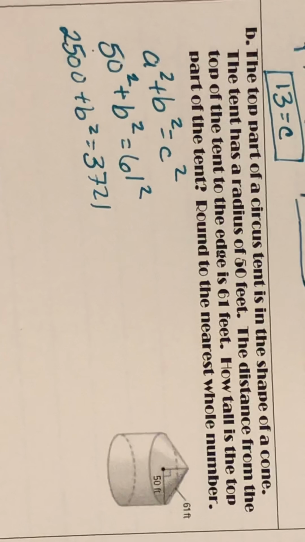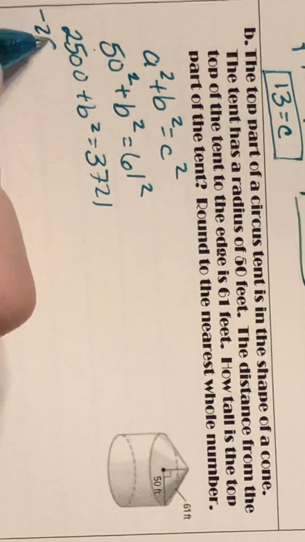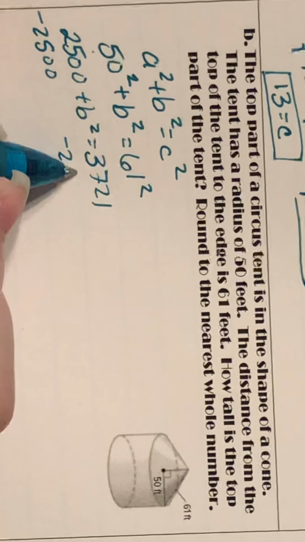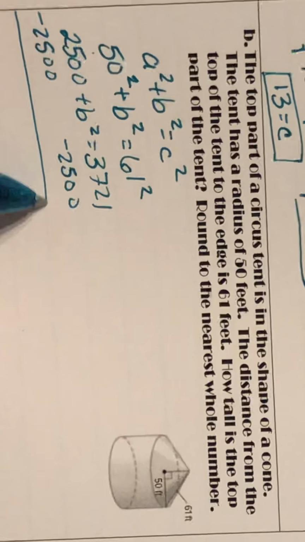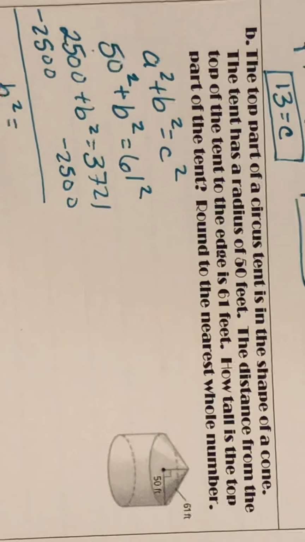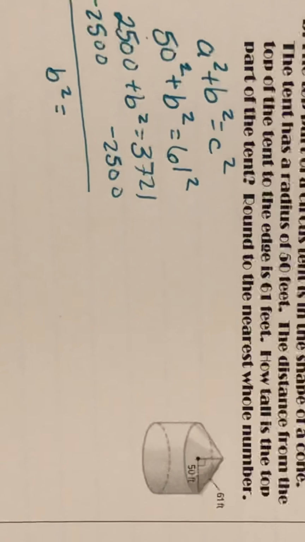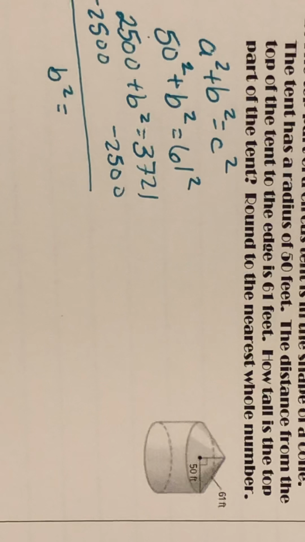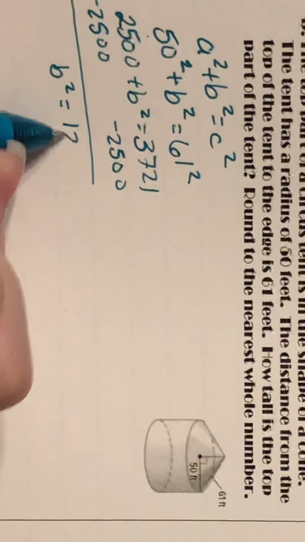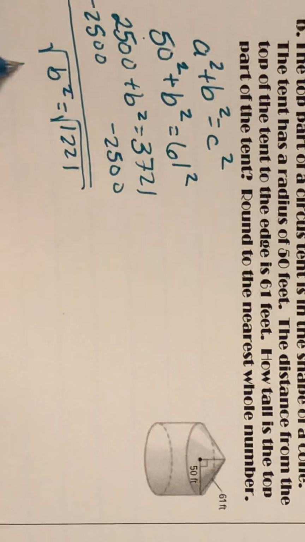By the subtraction property of equality, I can subtract 2,500 from both sides. So I get B squared equals 1,221. Then I square root both sides.